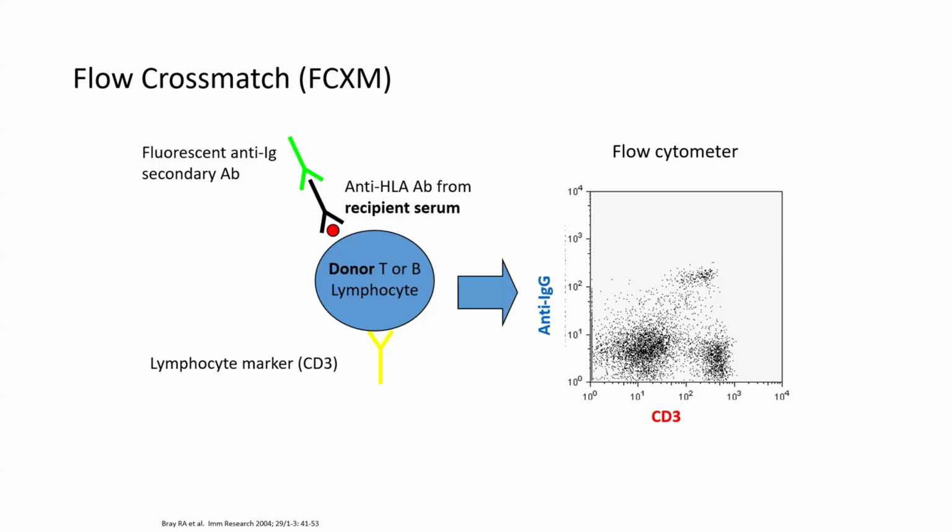These cells are derived when you procure the organ; you take some lymphoid tissue with you, and you do flow cytometry with serum from the recipient, meaning the person who's getting the transplant. If that is positive, then they have antibodies to the donor T or B cells, and that is usually a no-go. There are very few cases where we would transplant somebody who had a positive cross match.